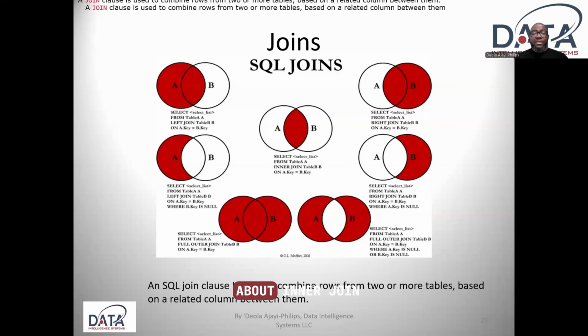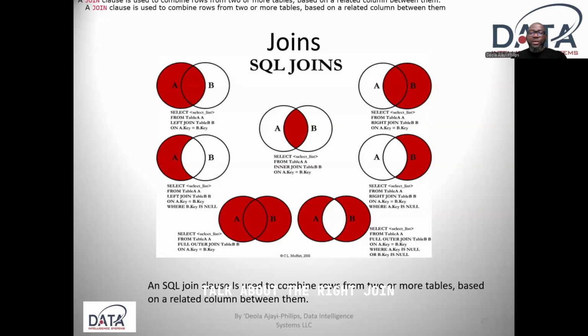Now, when we talk about inner join, if I say select all from the customers table, inner join the orders table, it means it is only customers who bought something that day that we will get. We have 12 customers and only 4 bought something, which means only those 4 are going to be returned. So at the end of the day, we will be getting just 4 rows and everything they actually bought.